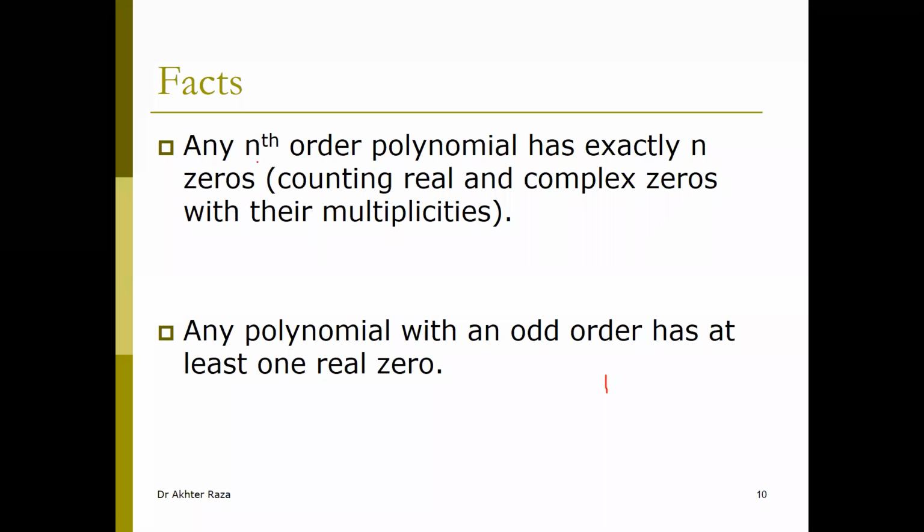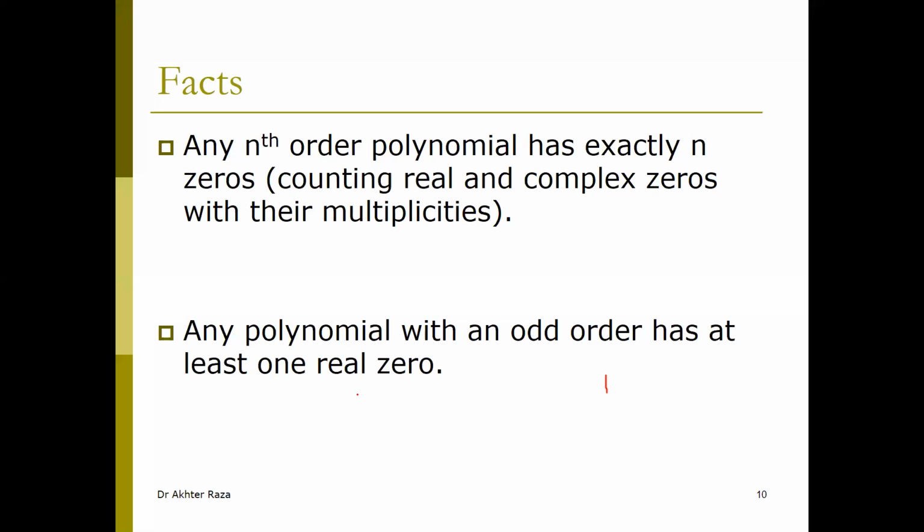If you have an nth degree polynomial, the total number of zeros will be n. Out of these n zeros, some of the roots are real and some are not real. If the polynomial is of odd order n, then it has at least one real zero.